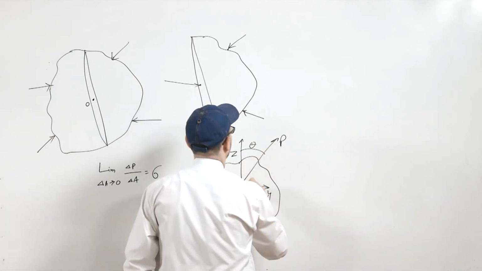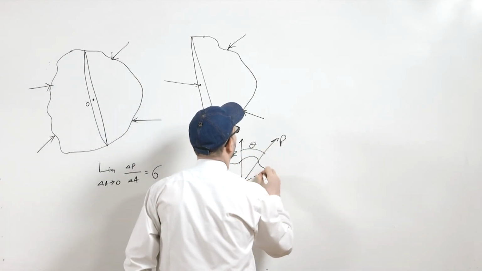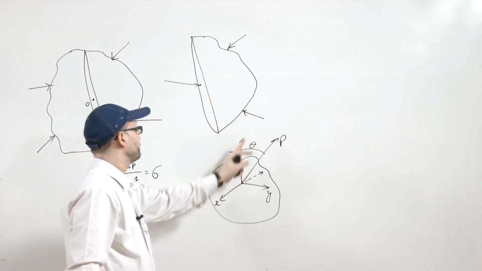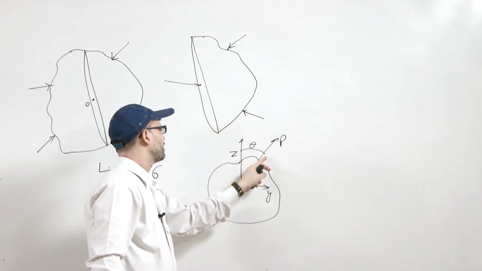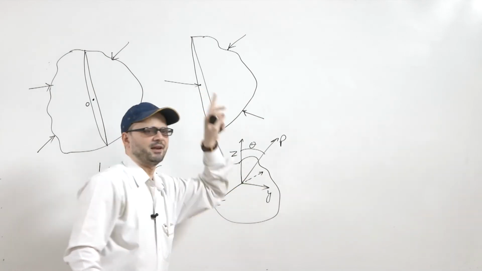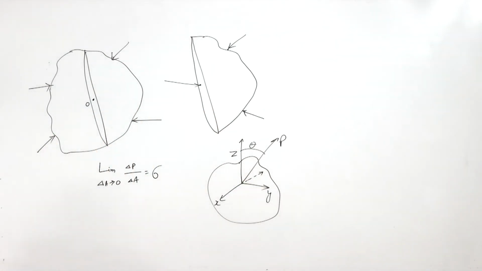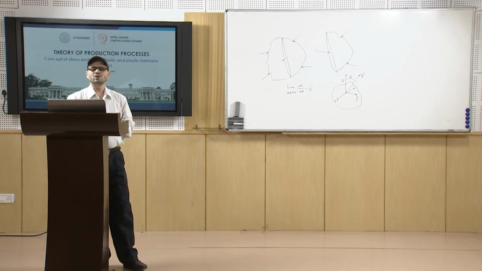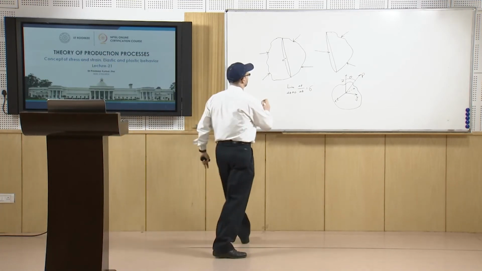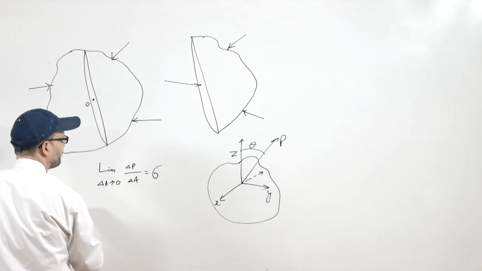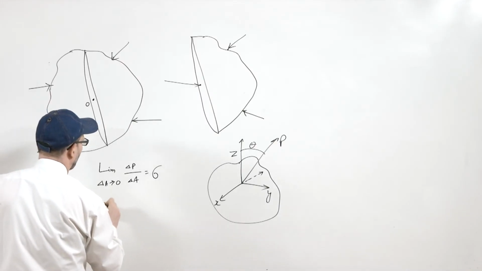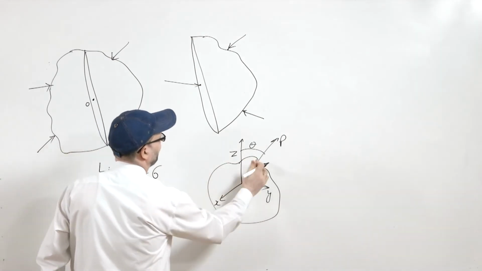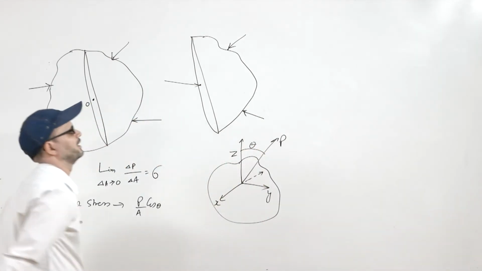So, P cos theta is a component which is normal to this plane, and that force when divided by area will give you the normal stress. So, normal stress will be P by A and cos theta, because this is making angle theta with that.